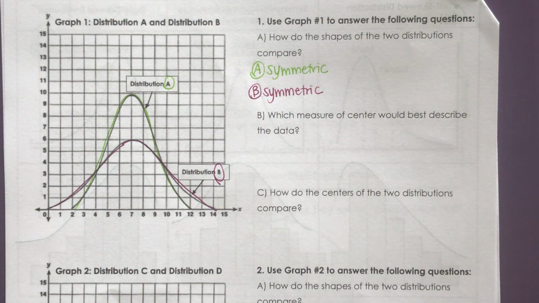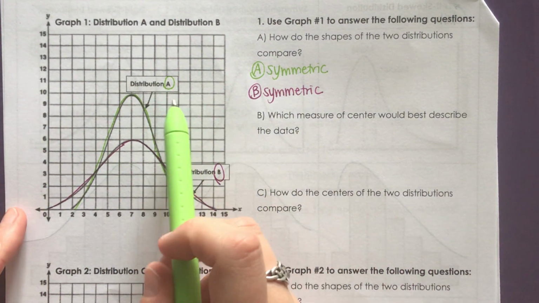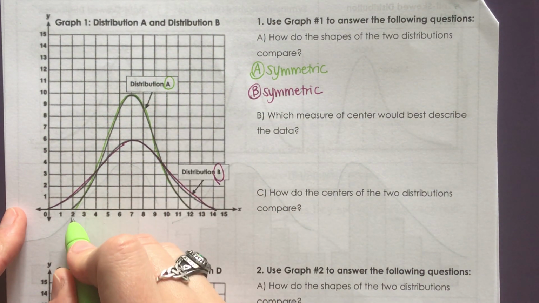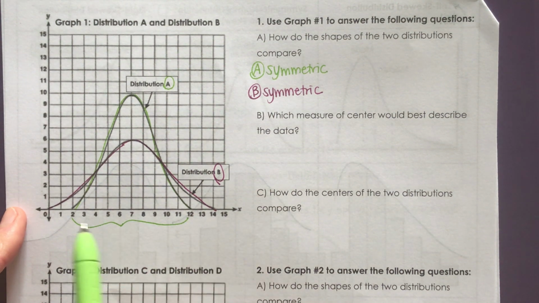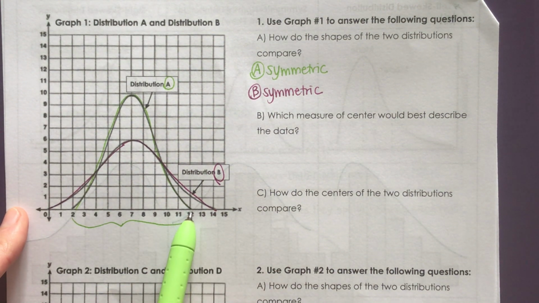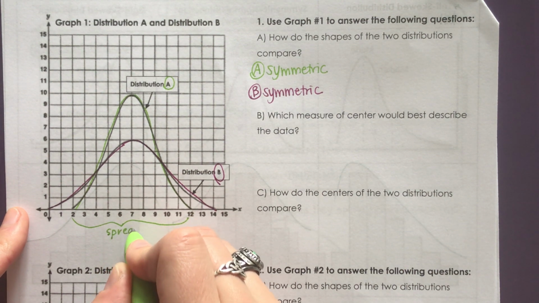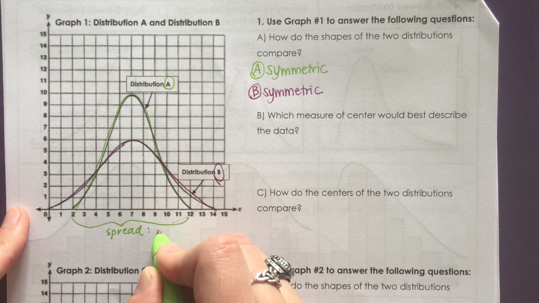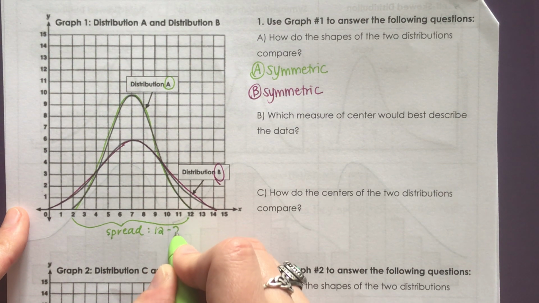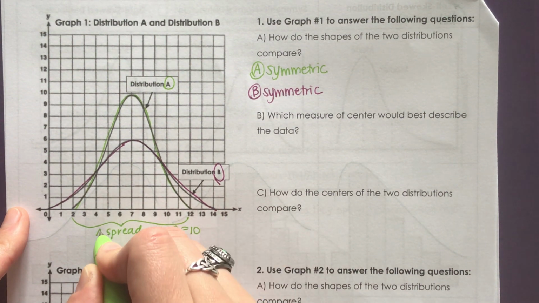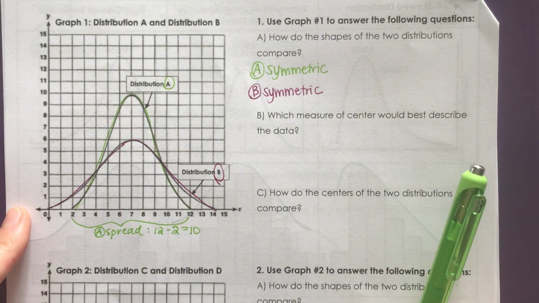Now, if I'm looking at the spread, how far these two have their data spreading out, if I'm looking at distribution A, it's the green, it looks like I go from 2 to 12. That distance would be 12 minus 2, right? So that would be 10, is where my data is spread.